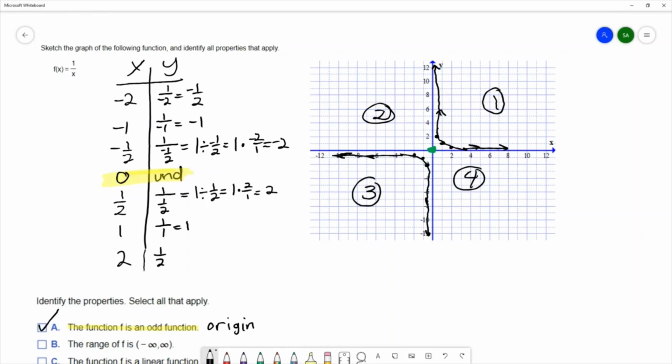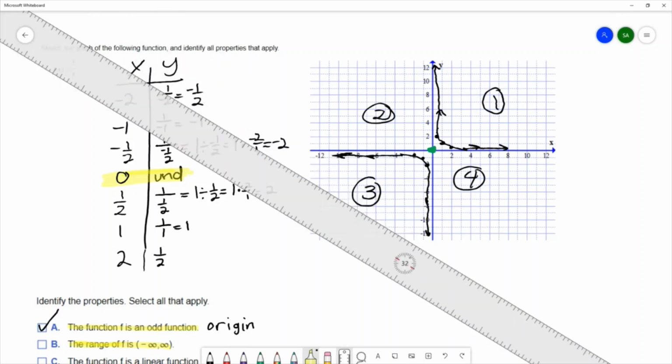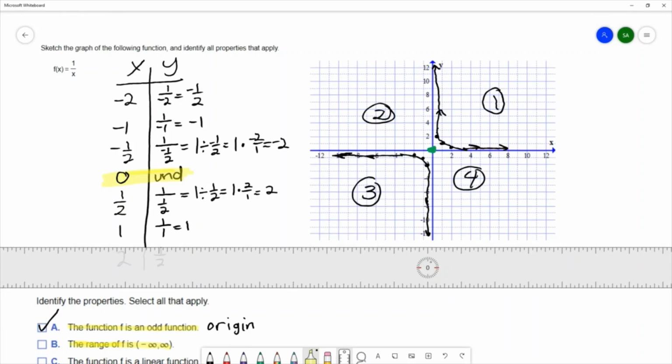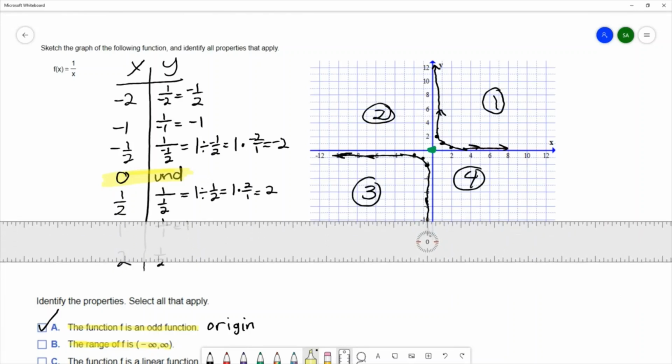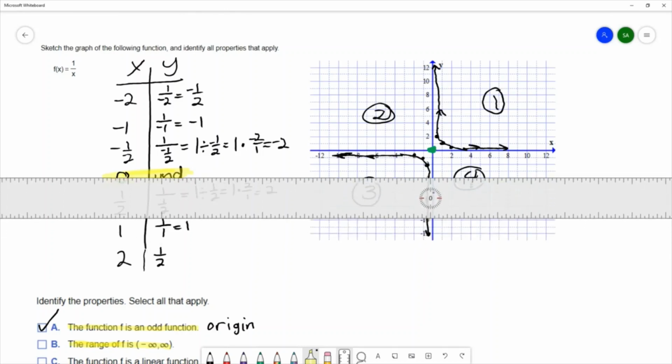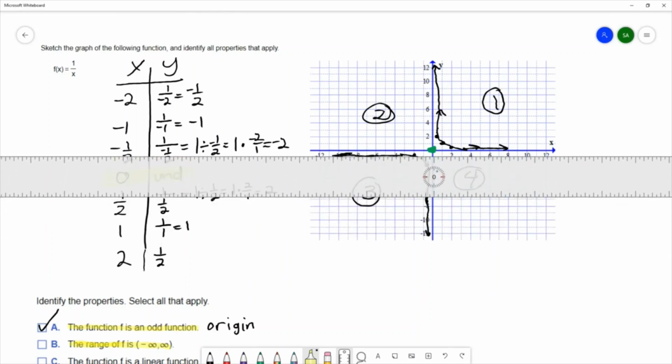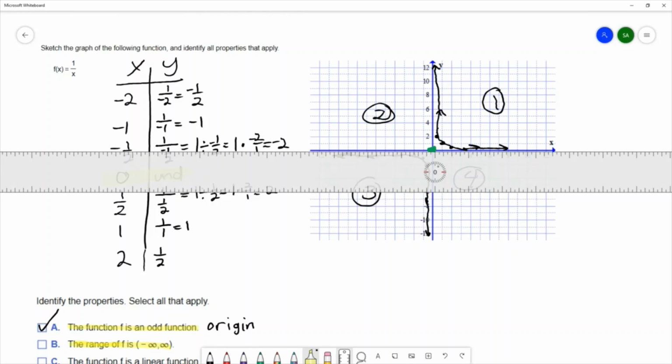The next property says the range of our function is negative infinity to infinity. As I look at this, I'm going to hold my ruler horizontally going from bottom to top, and my range starts at negative infinity and continues on, but because of the horizontal asymptote that we discussed earlier, there's a break in the range at 0.